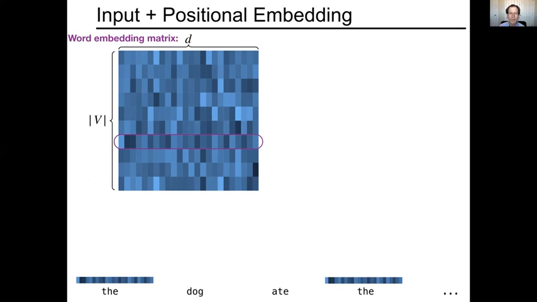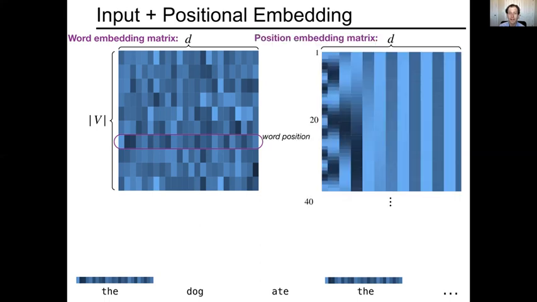First, we get what is called a positional embedding representation. So in addition to this learned word embedding matrix, there is a fixed position embedding matrix, where now the rows are positions in the sentence indexed from 1 to arbitrarily high. So this is actually a matrix with infinitely many rows, but sentences are not arbitrarily long, and so the very, very high numbered rows get used rarely or never.